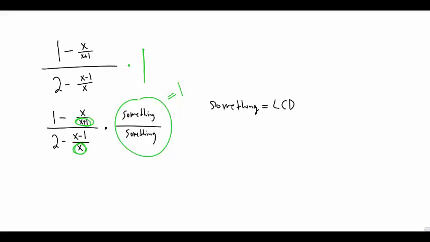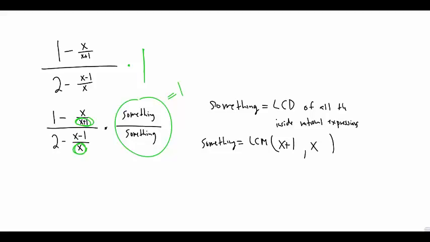What I recommend using is the LCD, the least common denominator of all the inside rational expressions. So this will be the least common multiple of the denominators x plus 1 and x. These are each prime, and the LCM turns out to be their product. So that's what we'll do.